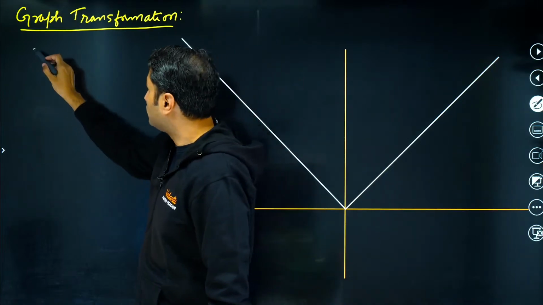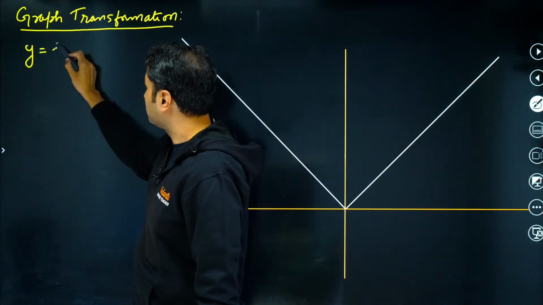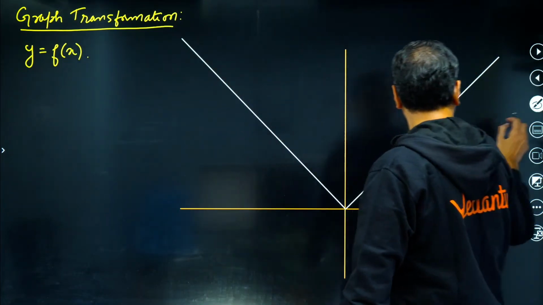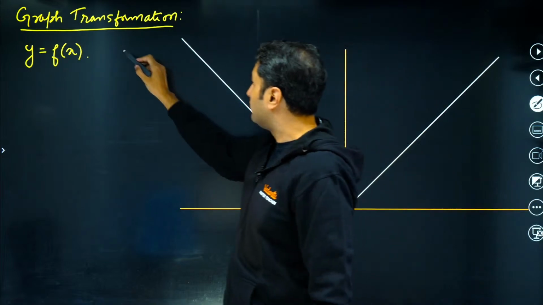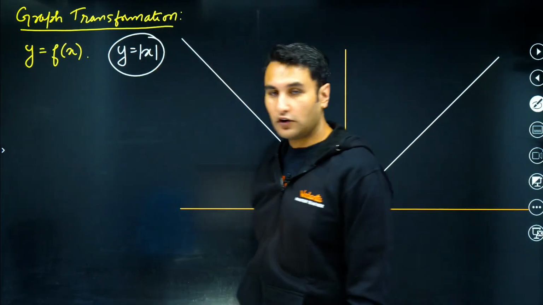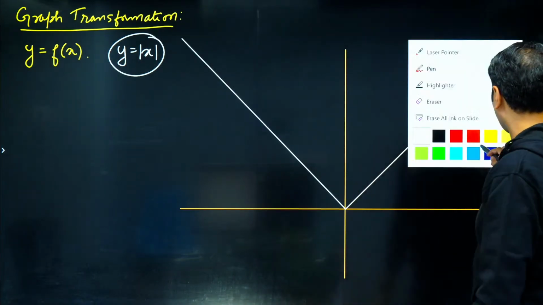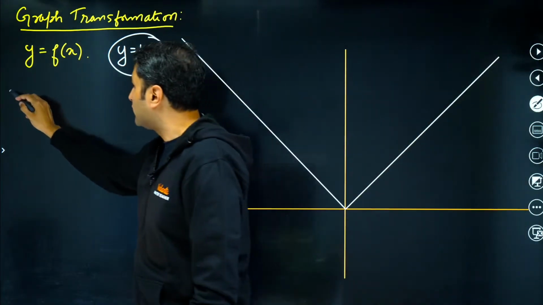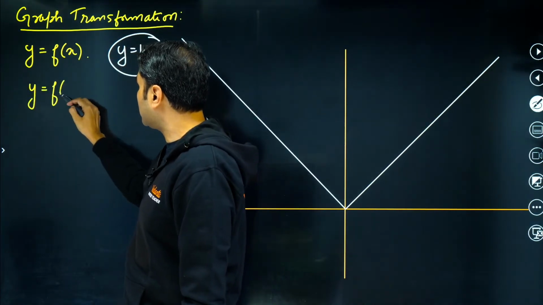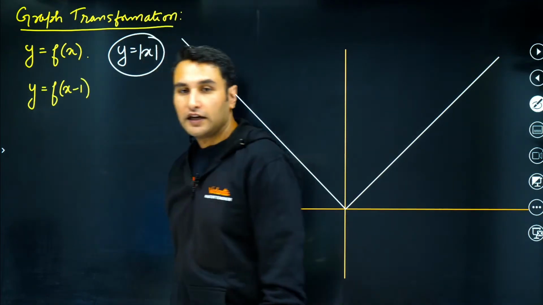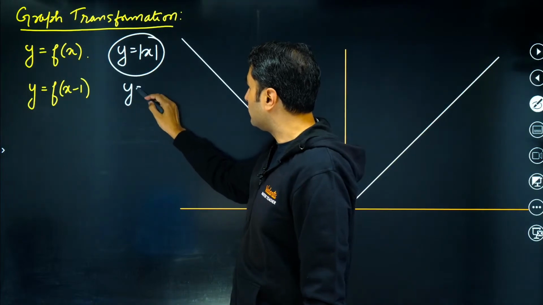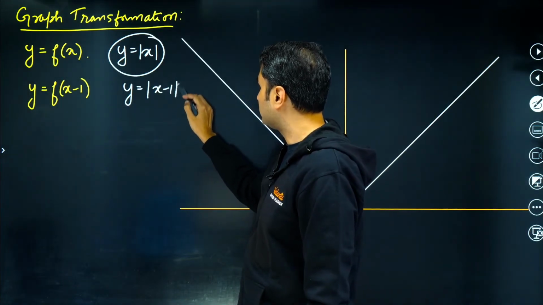You know the graph of y equal to f of x. In this particular case, that graph happens to be y equal to mod x. Now we are going to plot first the graph of y is equal to f of x minus 1, which in our case will become y is equal to mod of x minus 1.